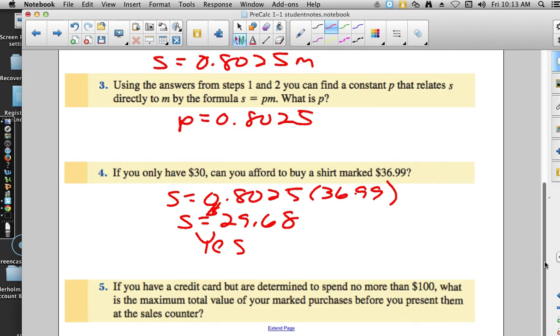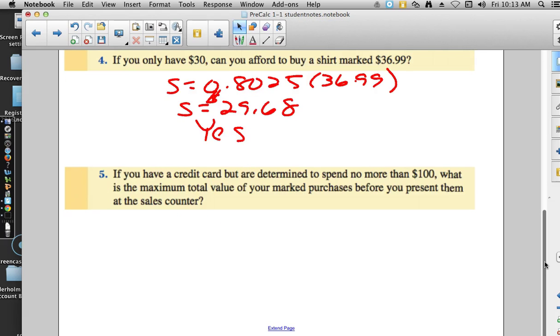There it is. Number 5 says, if you have a credit card, but you're determined to spend no more than $100, what would be the maximum total value of your marked purchases before you present them at the sales counter? So now we're saying our answer needs to be 100.